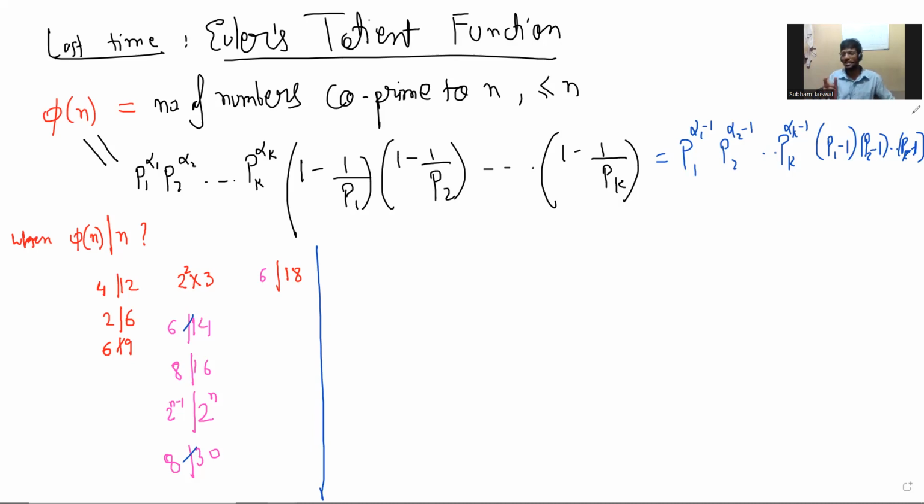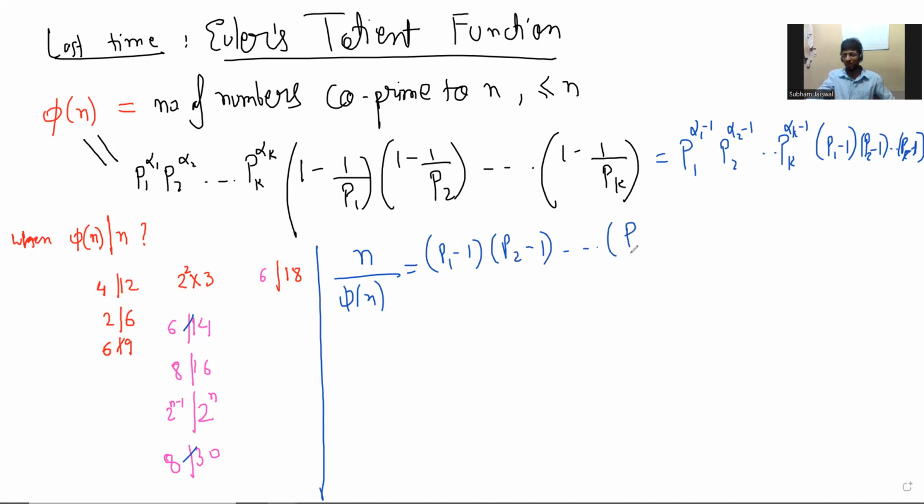So one less than that factor. Now, what is n by phi n? It is this thing, p1 minus 1, p2 minus 1.